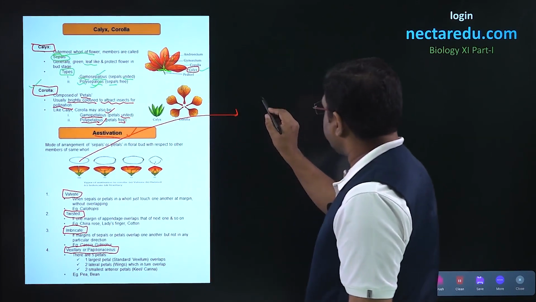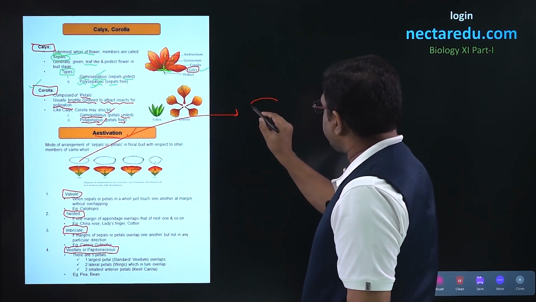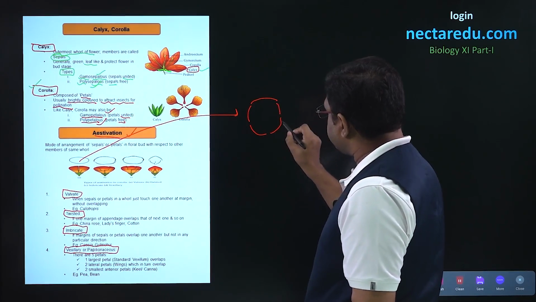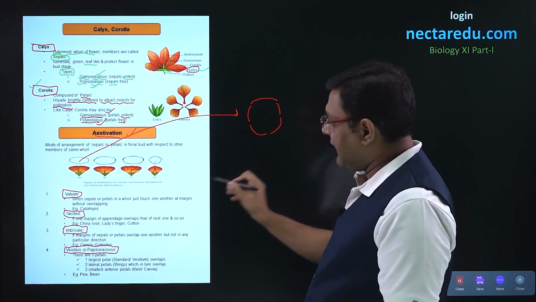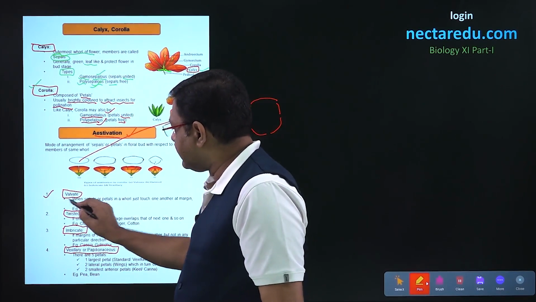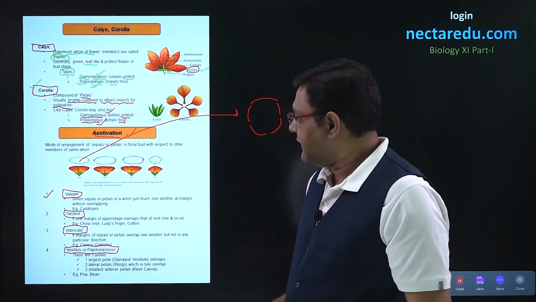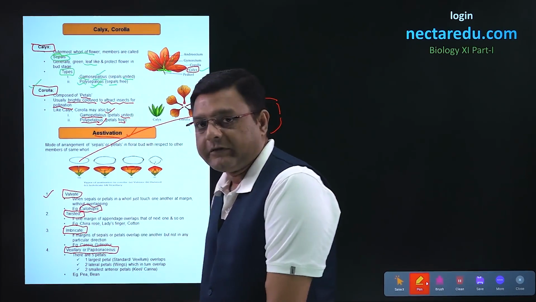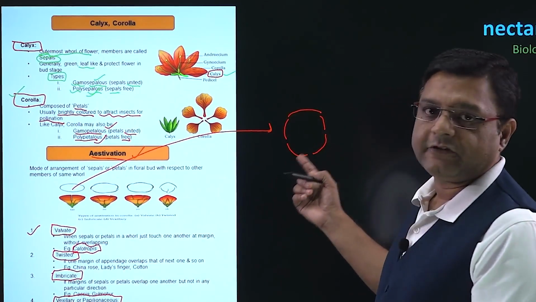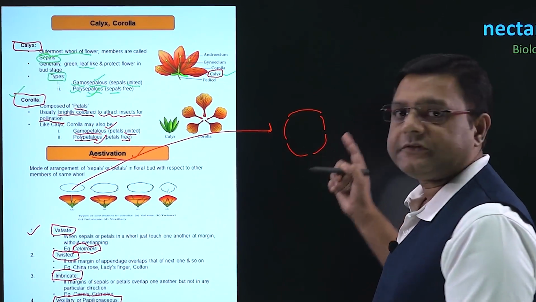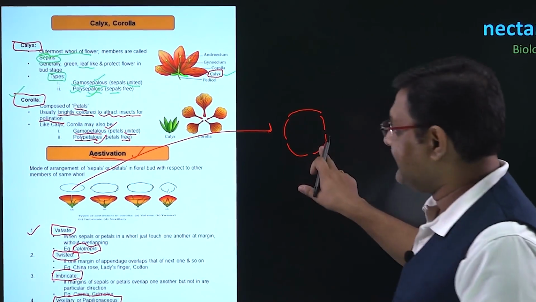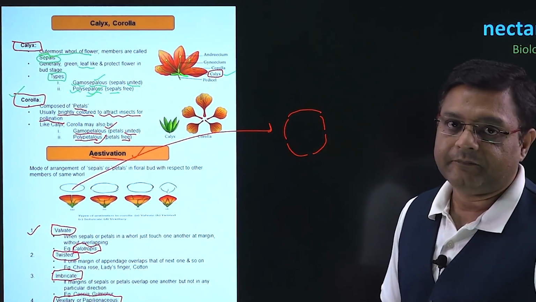In this diagram, if these are the sepals, they will touch just at the points and that is the condition which is called valvate condition. Valvate condition is present in the case of Calotropis, and as we can see in this diagram, just touching will be there but there will be no overlapping in the case of valvate condition.